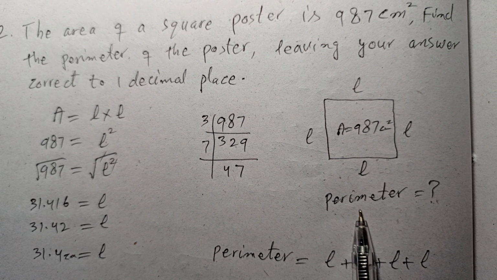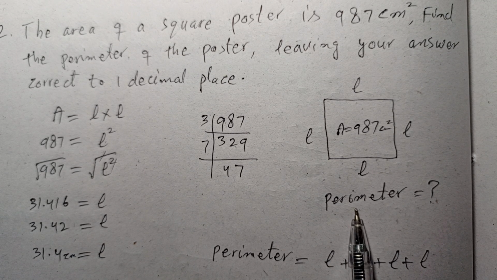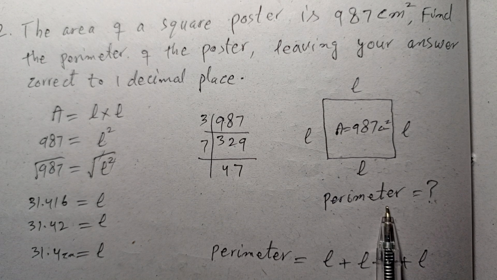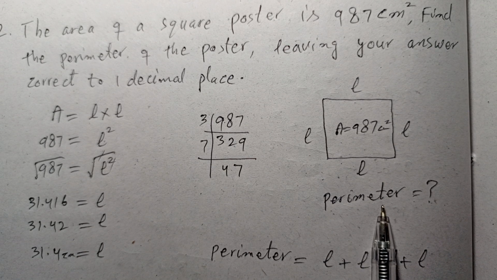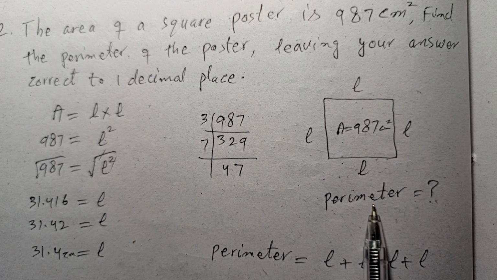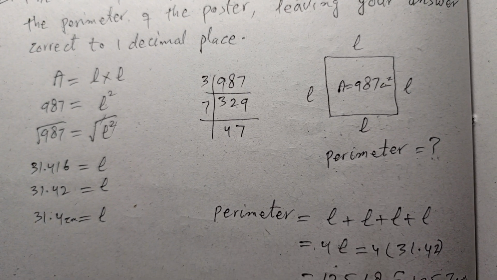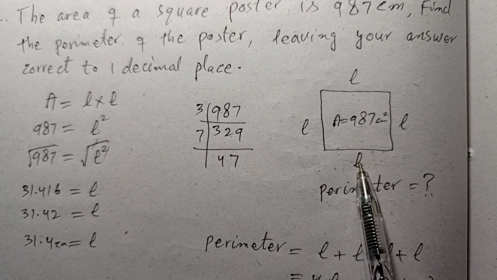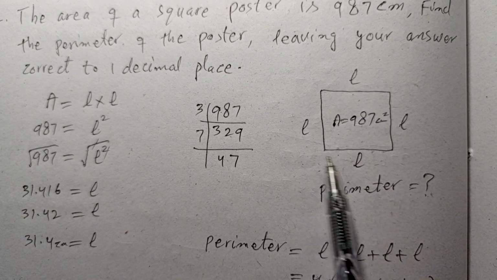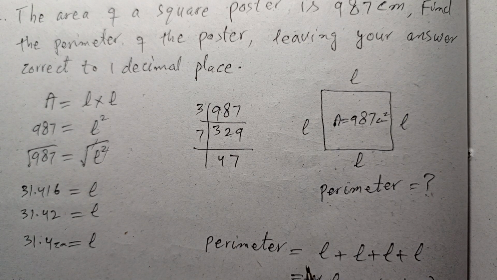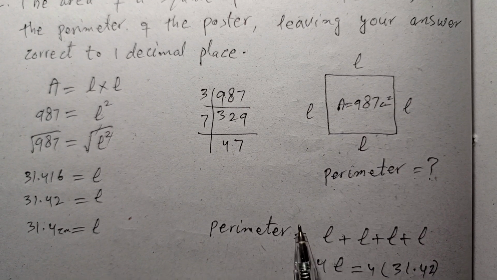Now as we have found out its length, we can find its perimeter. So the formula for perimeter: all the exposed sides have L, L, L and L, because all the exposed sides have the same length.